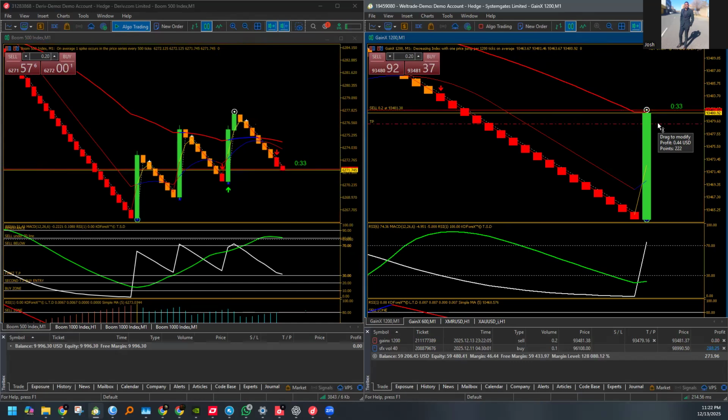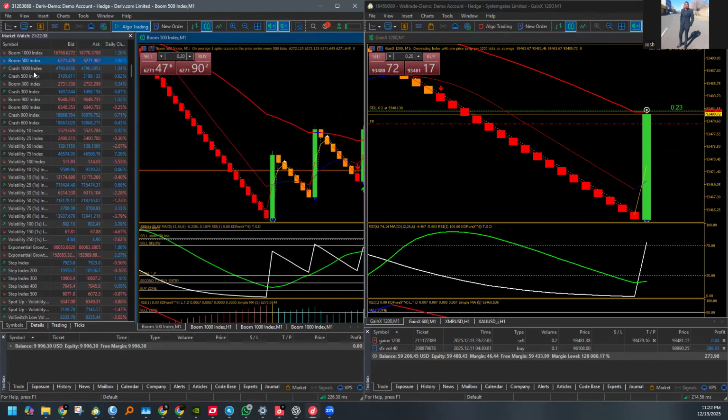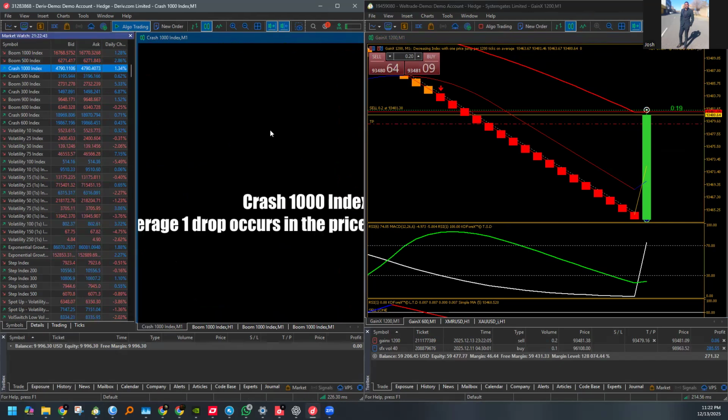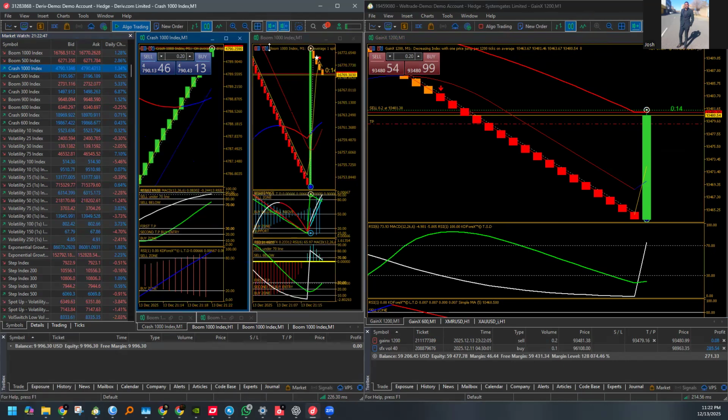So we'll focus on what's going to pay us and what is working. For Boom 1000, we forget about it at the moment. Let's see Crash. What's happening, Crash? Let me just do this.